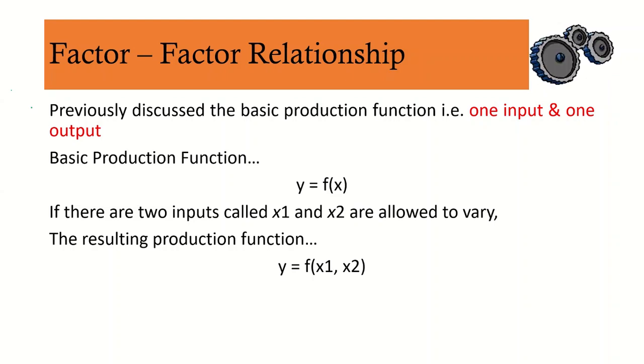So in the previous lesson, we looked at input-output relationship, one input, one output. Now we're going to look at the relationship between two inputs, two inputs and one output, actually.